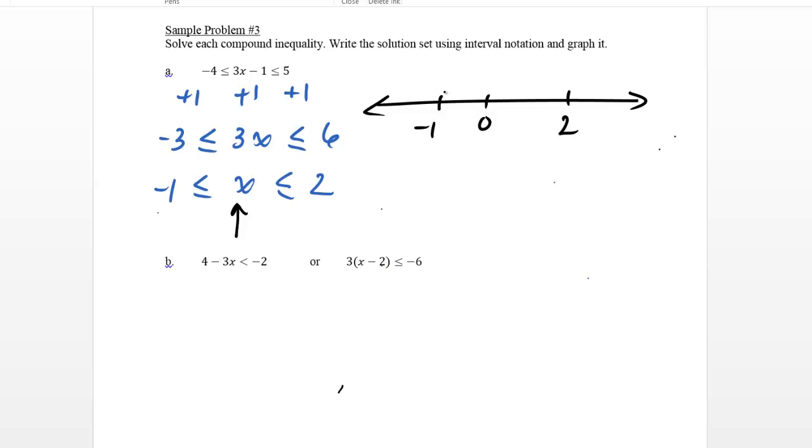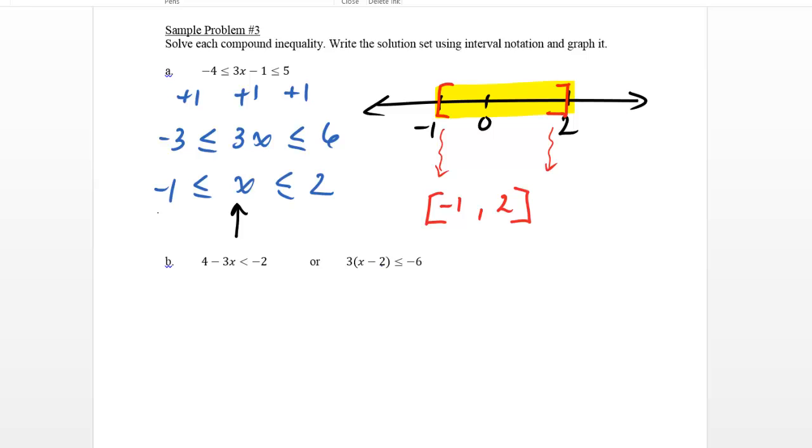Since it's equal to, I'm going to be using the closed bracket, and I'm just going to use a highlight to represent the solution set. Now, to write that in interval notation, these brackets more or less drop down perfectly for my interval notation with the bounded interval using the endpoints as the numbers. So that is a good example of an "and" compound inequality.